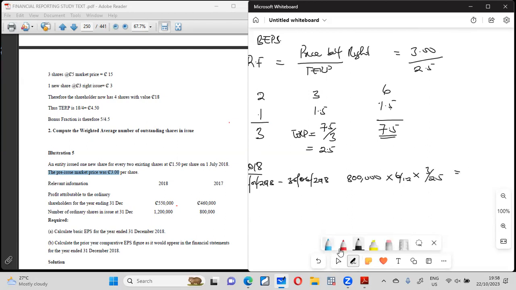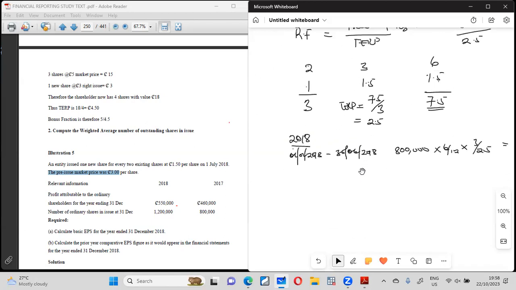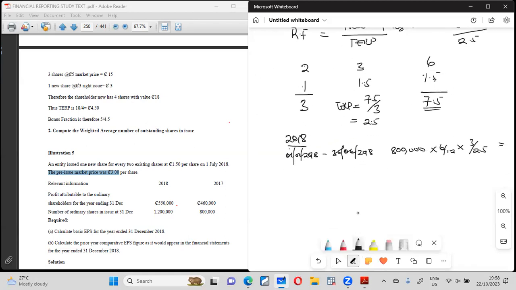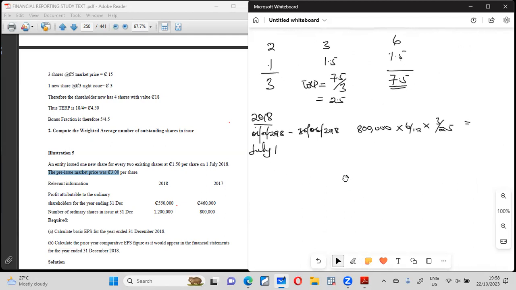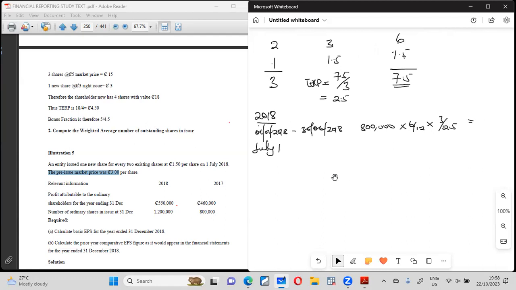So we get that. Then on 1st July, the issue. What did the issue say? The issue said that for every 2 you have, they will give you an extra 1. How many do we have here? 800,000, right? For every 2 out of that 800,000, there is 1.